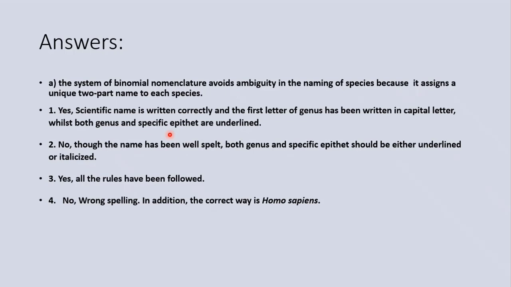So the answer is yes, the system of nomenclature avoids the ambiguity in the naming of species. Why? Because it assigns a unique two-part name to each species. It's simple, like what is going on in the country. When you're born, you have to be documented.